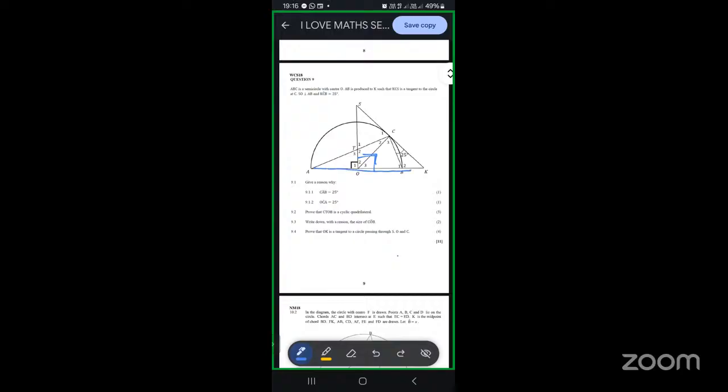Using the angle in a semicircle with that diameter, this is 90 degrees. Therefore, this is a cyclic quad. Why? Because when we add these opposite angles, we get 180 degrees. That is the converse of opposite angles of a cyclic quad are supplementary. Then you are done with that question. Does it make sense to you guys? Yes, sir.